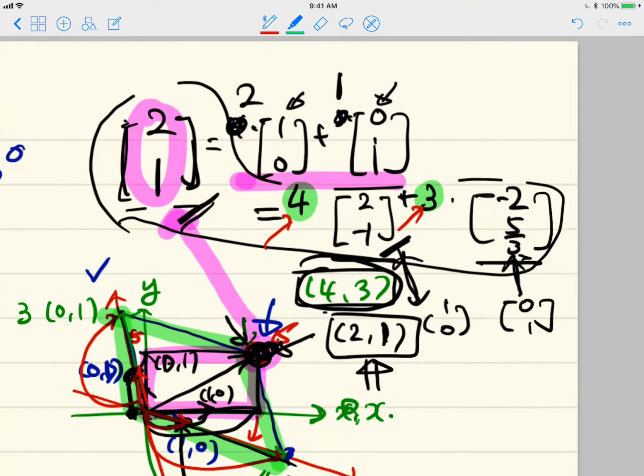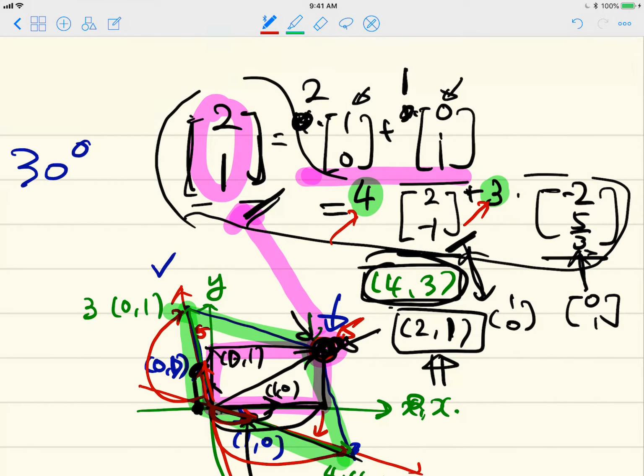Okay, so what I wanted to point out in this example was that in this case we have to mainly solve for these 2 values.